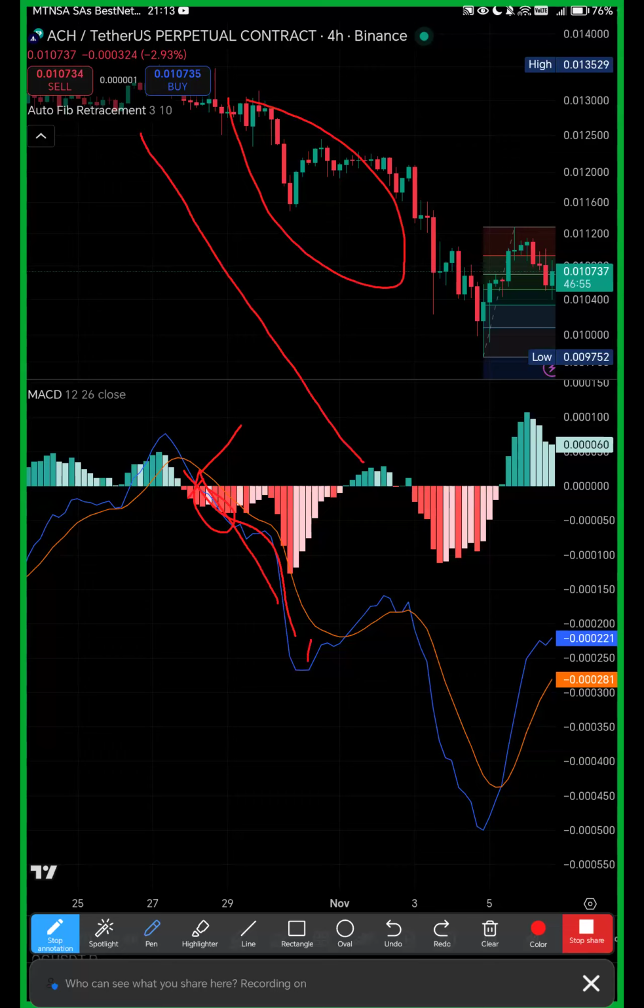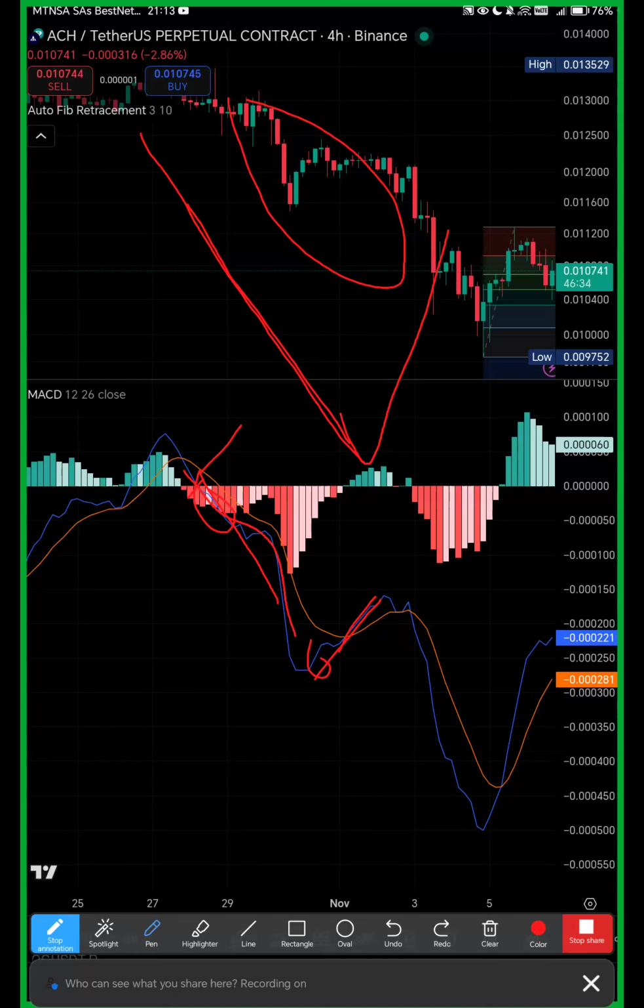But when the blue line crosses over the orange line to start moving above it, it means price is changing direction. If it was downward, price is trying to go upward.